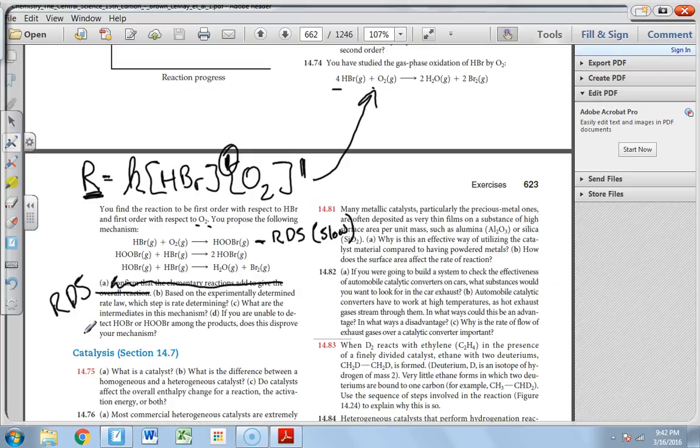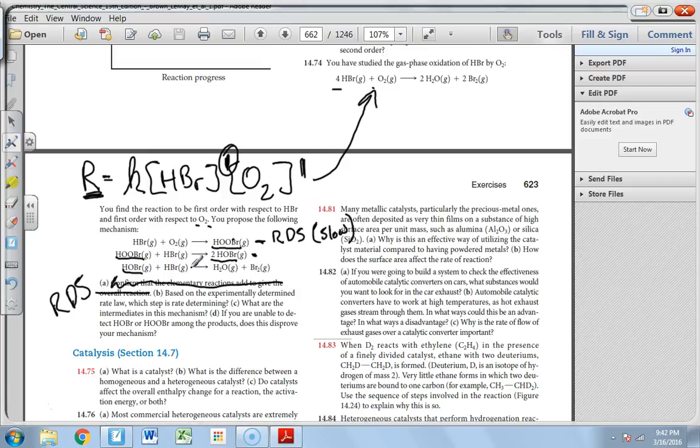Well, intermediates by definition are those things that are made that are then consumed in another part of the mechanism. If we look, this compound HOOBr is made in the first step, but then it is consumed here. And here HOBr is made and it is consumed here.